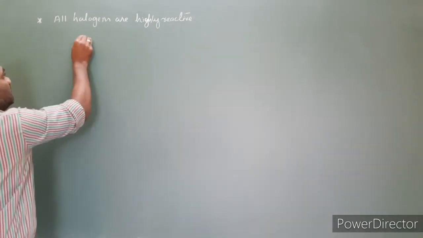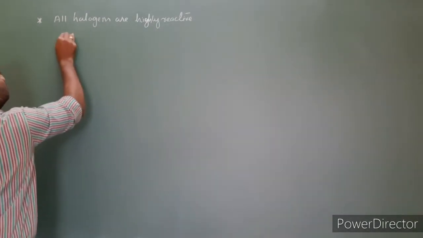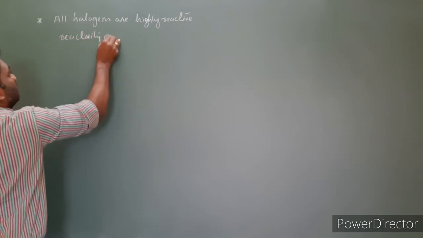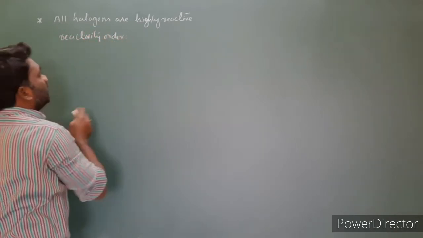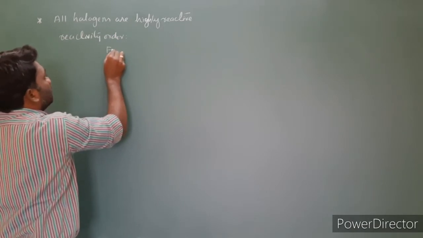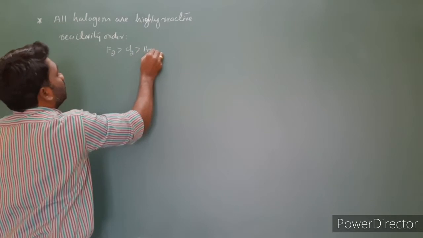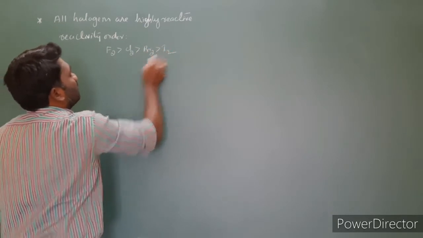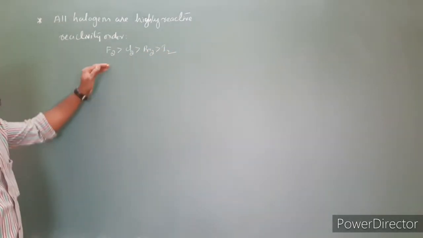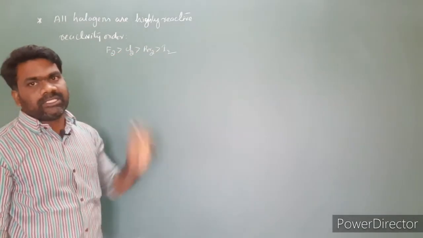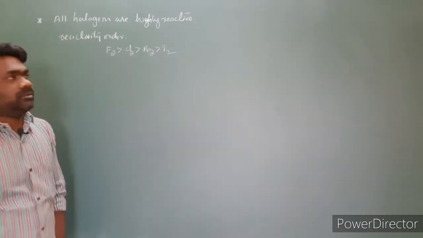That means the reactivity order is fluorine is greater than chlorine is greater than bromine is greater than iodine. So the reactivity order of halogens is fluorine, chlorine, bromine, iodine.